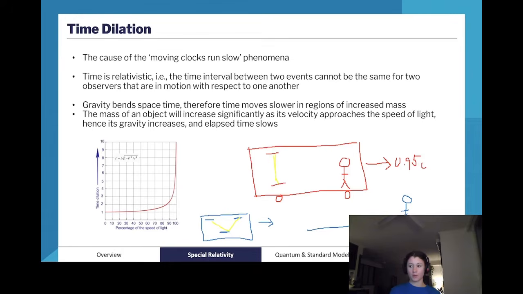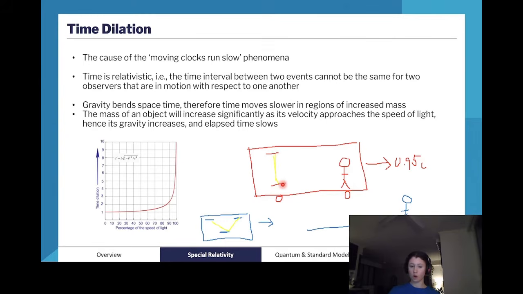So now let's think about Einstein's second postulate. If both of these observers are inertial, say they're also in a vacuum, they're seeing that light move at the same speed. From both of their perspectives, the light is moving at c. Have a think about where this might give us some issues.